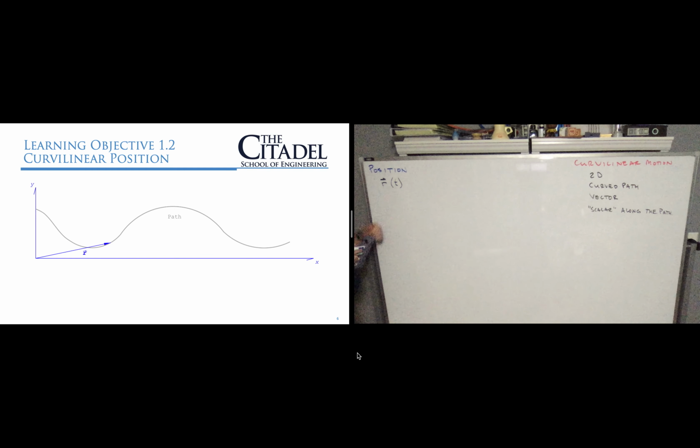So this is position as a function of time. It's going to be measured from the origin typically, and that origin can be established arbitrarily depending on our needs. And it's going to be expressed in orthogonal components.